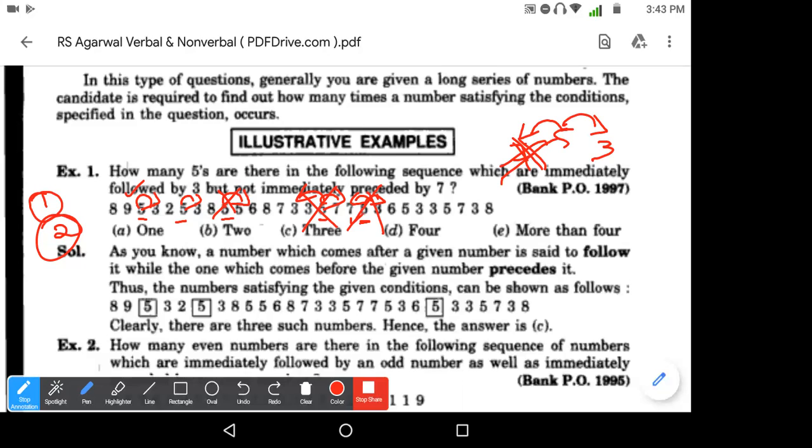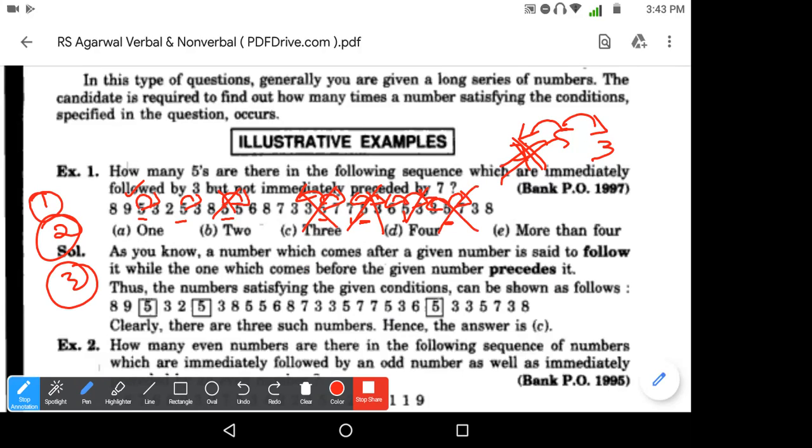That's why. Next 5. Here is one more 5. Next to 5 there is 3, and before 5 there is 6. So which means there is no 7. So I have got the third 5, which is okay with the rule. And lastly, there is one 5 here, which has 7 and 3. So I cannot consider it.